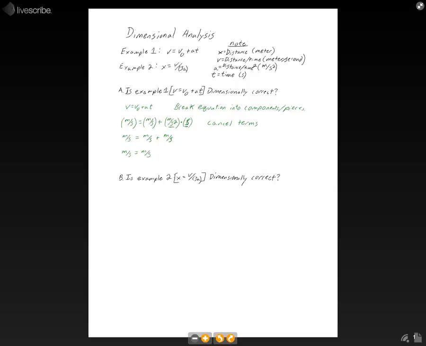For the second problem, we have x is equal to v over 3a. So go ahead and break down this equation into its components.